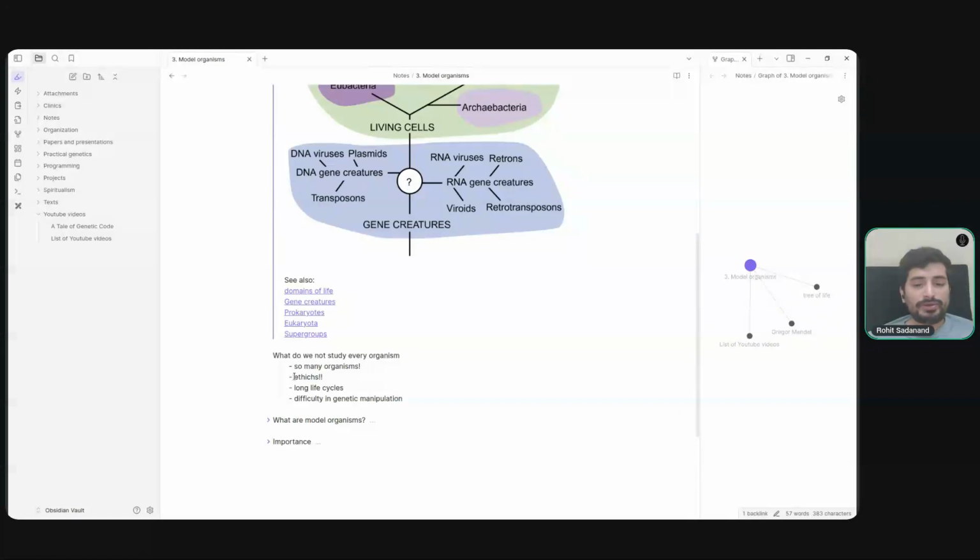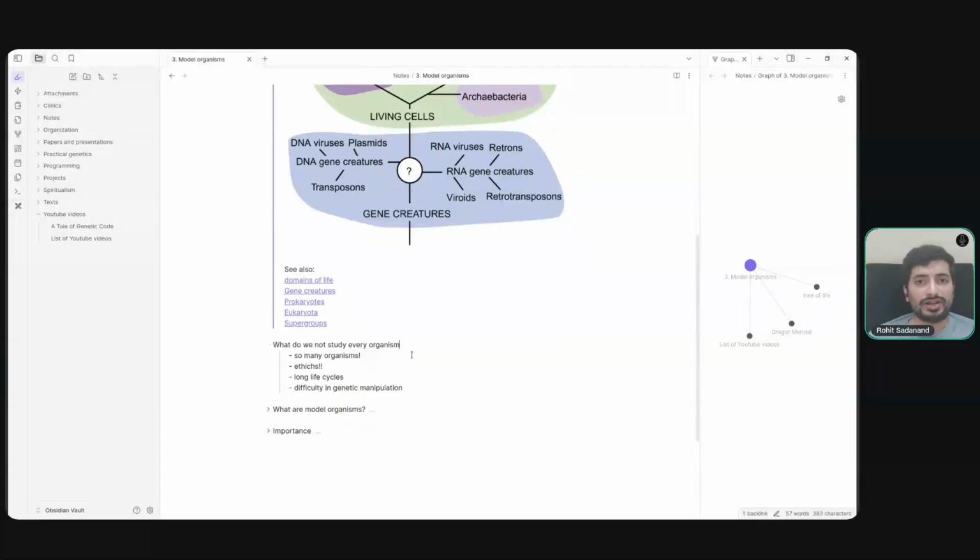But because the basic scheme of life, of the transfer of information and interaction with the environment, we are able to use certain organisms that we are comfortable studying and then taking what we learn from them and applying to ourselves and any other organism that we might not find very easy to study.